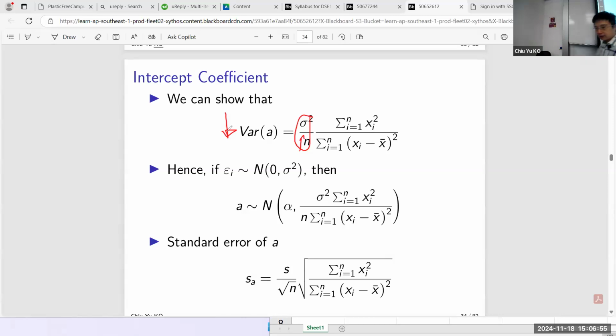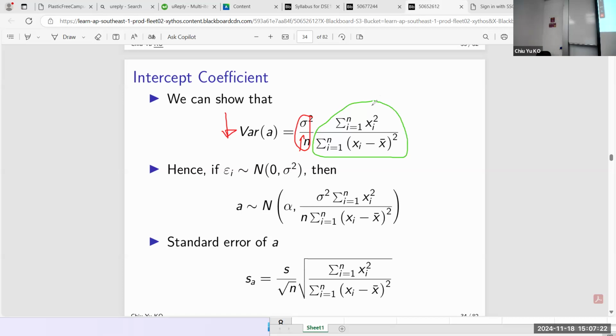The next part might look a little bit crazy in your head. What is this crazy thing there? It doesn't seem to be very friendly. But let's look at the denominator, the variance of x.